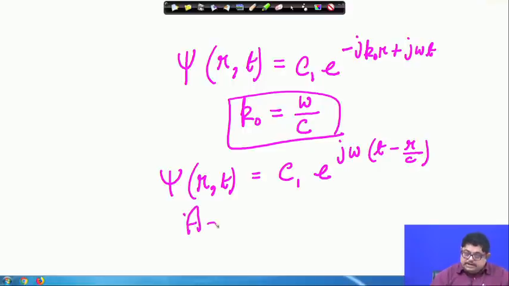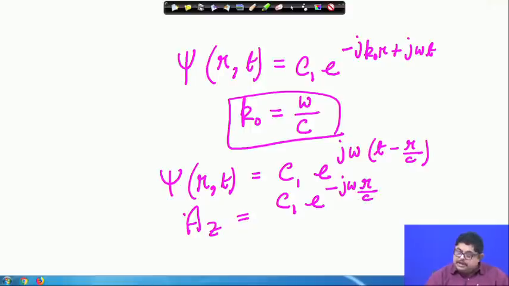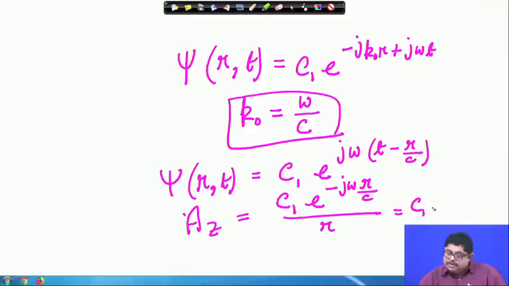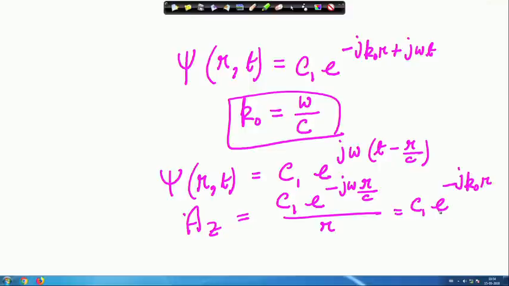So, what is our Az? We have assumed the solution as Az is equal to phi by r. So, now we will have to write that Az will be C1 e to the power minus j omega r by c by r, or in our previous nomenclature, in terms of k, minus j k naught r by r.